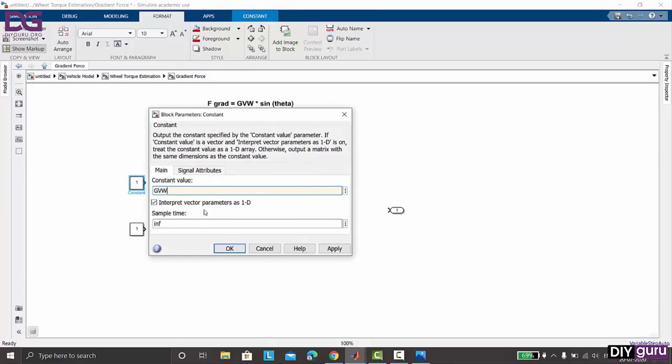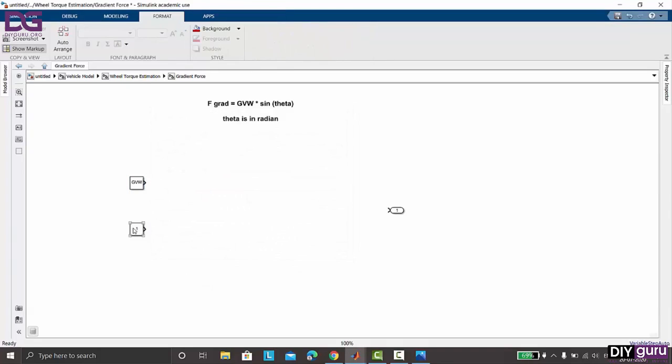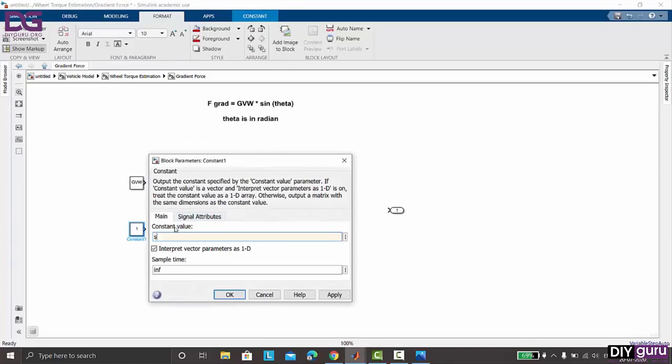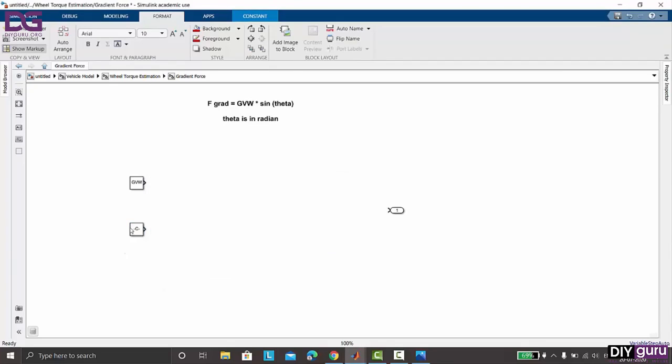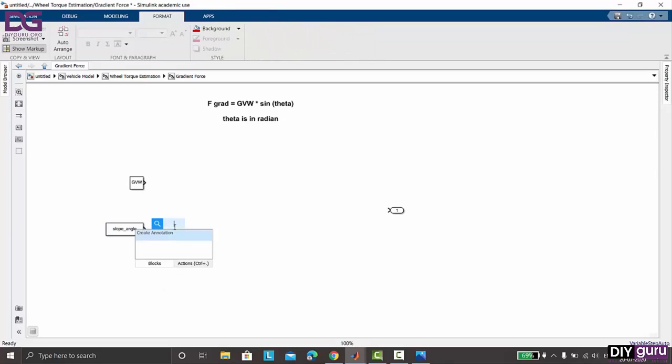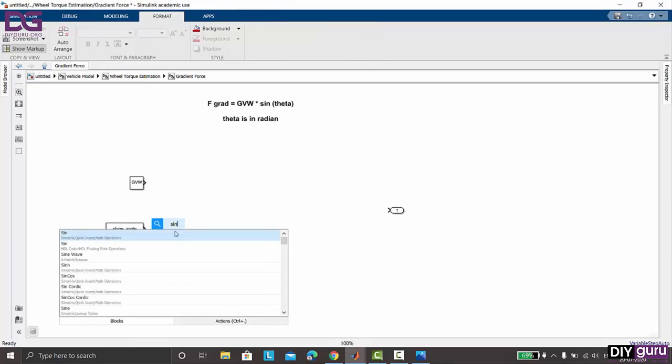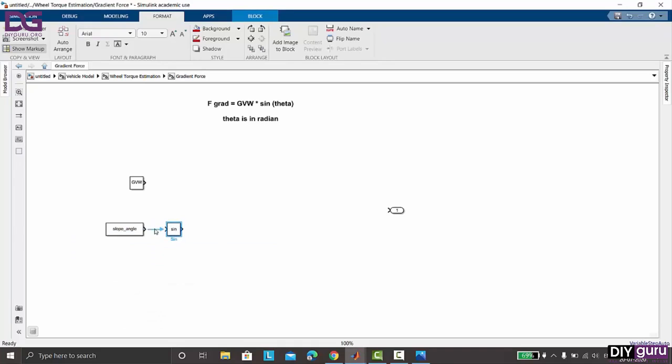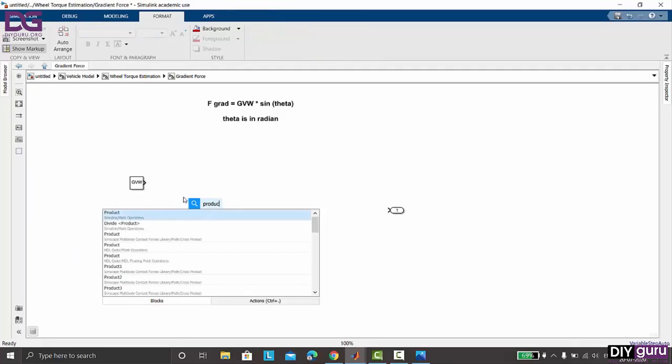First is GVW and second is the slope angle, multiplied with sine theta. So insert the sine block and the product block.